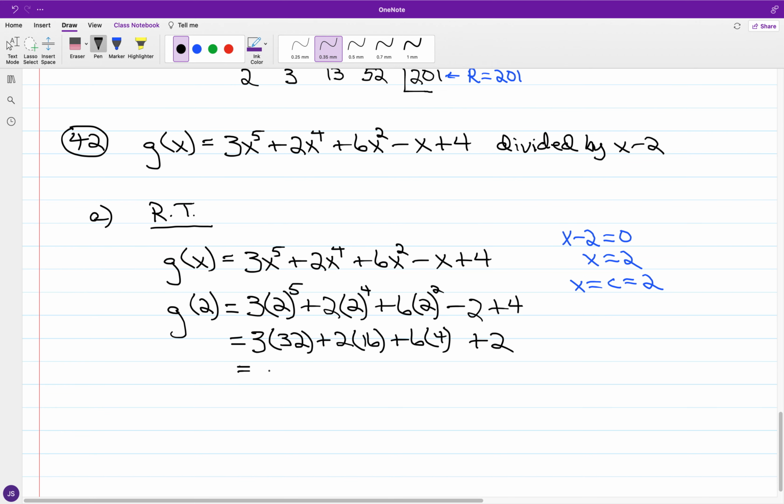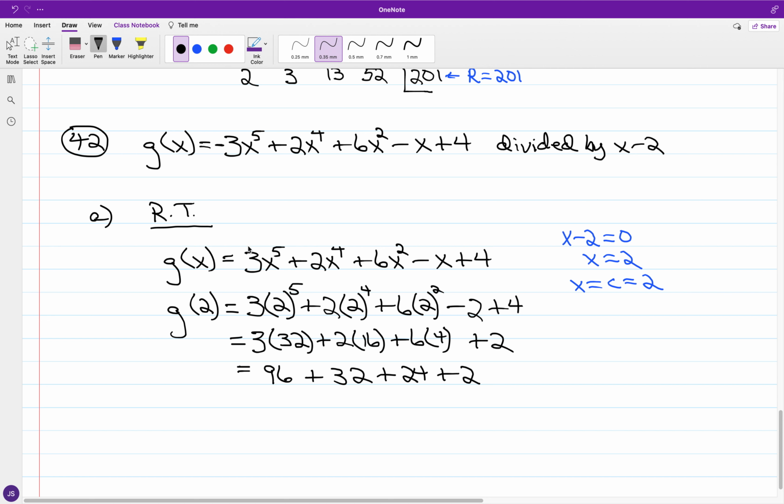Following through, we got 96, then plus 32, and 6 times 4 is 24, plus 2. Before I get too far ahead, my eyes are playing tricks on me. No damage done though.